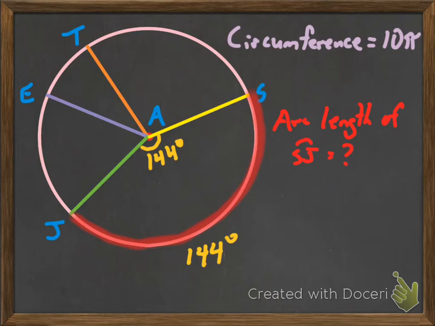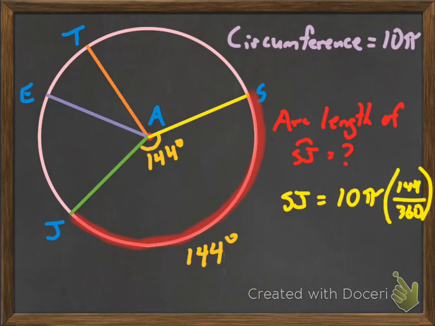Well, SJ is just a fraction of the entire circle, and that fraction is based on these degrees here. So I know the entire circle is 360 degrees, right? So what piece of that is this? Well, it's just going to be the total circumference times the amount of degrees of this arc divided by 360.